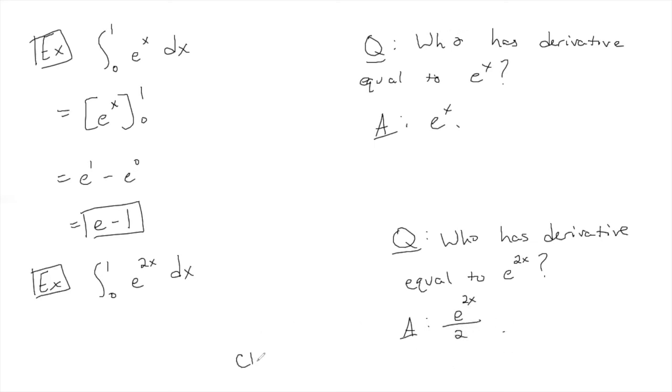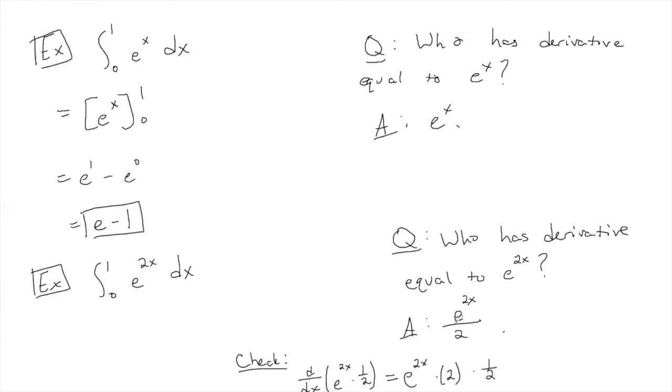Let's check. The derivative with respect to x of e to the 2x over 2 is e to the 2x, right? I just write it the same way, just by chain rule, and then I multiply by the derivative of the exponent, which is 2, and then I still have my 1/2.